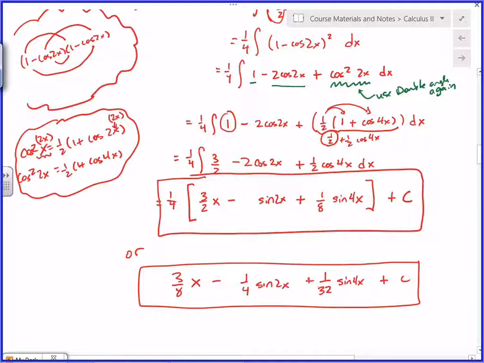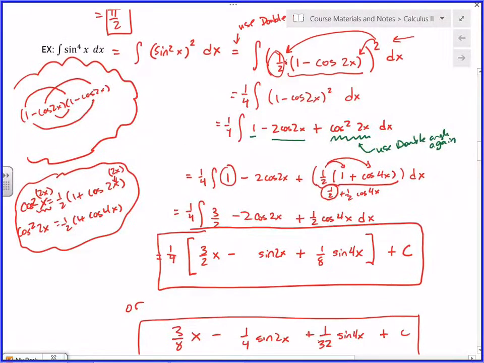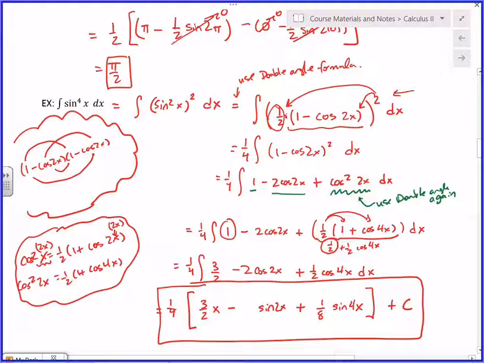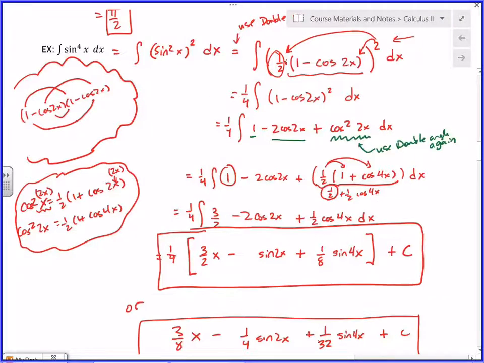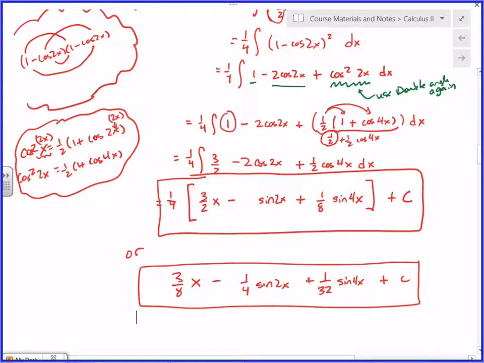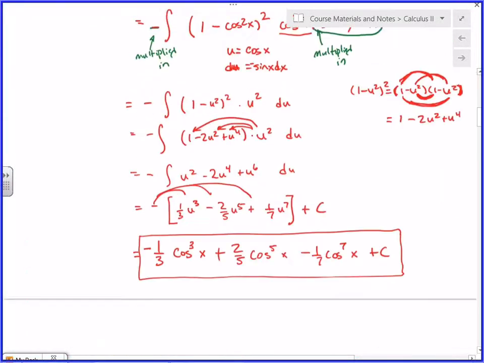All right, so questions about that? We went down a couple of roads there. The main one is that we had to apply this double angle formula twice. Other questions? And then you didn't take the derivative until you got to... Yeah, until I got no powers of the trig functions. When there's an odd power, I think that's a little bit easier.